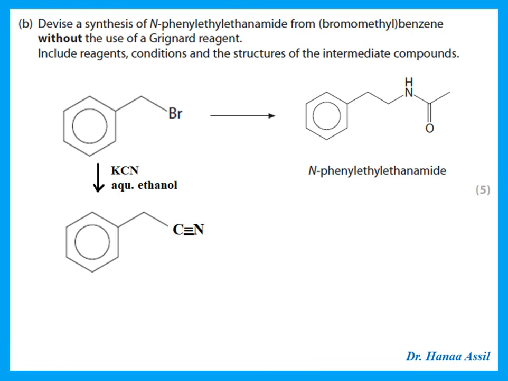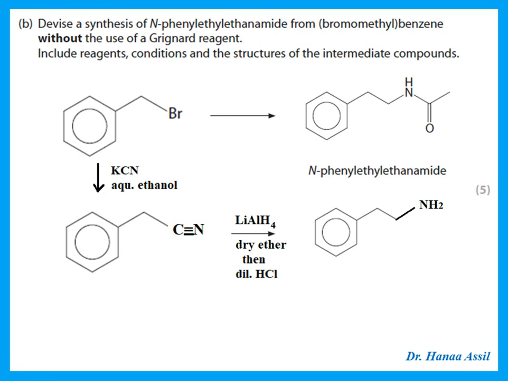You replace the Br with the cyanide or the nitrile group. Then what? Then we can reduce this with lithium aluminum hydride in dry ether. This changes it to an amine with an extra carbon. So now we have added an extra carbon to the chain and we have an amine.